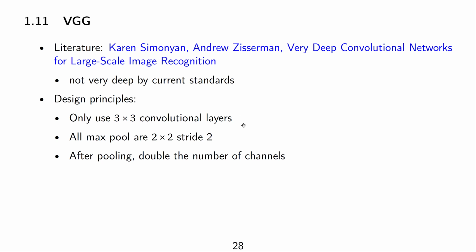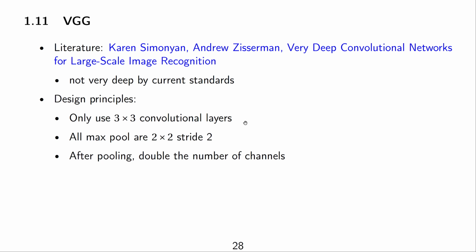The design principles used were that they only used 3x3 convolutional layers. And one could argue that if we want to have filters with larger footprint, we could always use more filters with a smaller footprint.